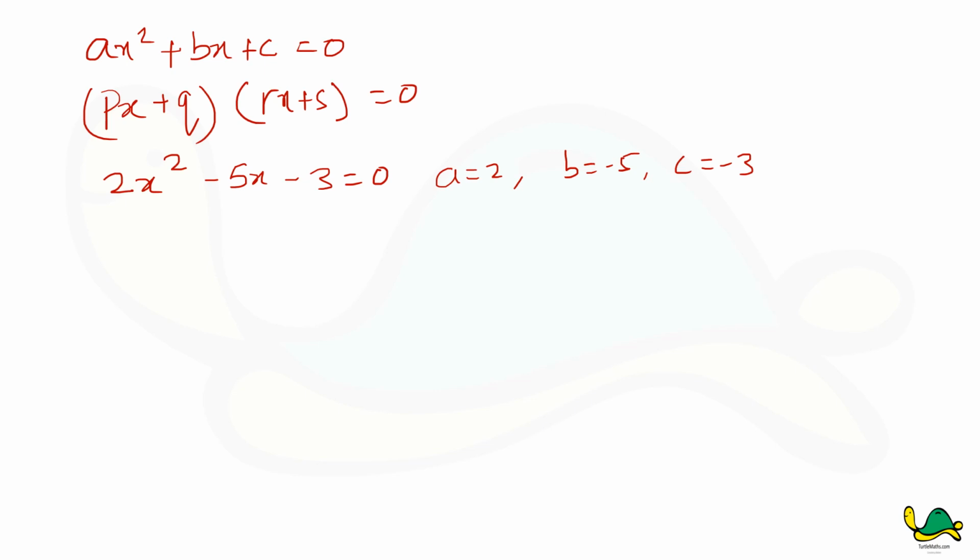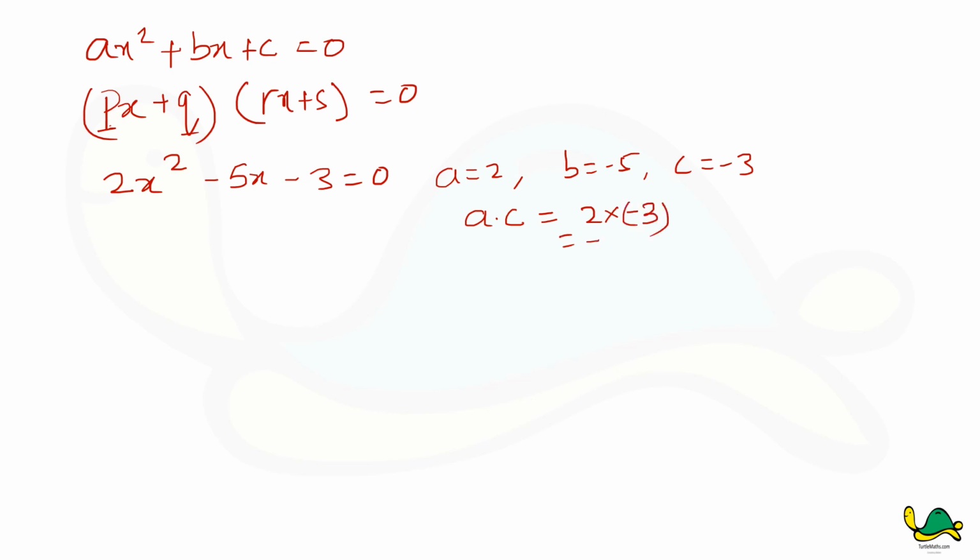We need to find two numbers, p and q, that multiply to a times c. In other words, first you take the product of your a and c. So here we have 2 multiplied by c, which is -3.